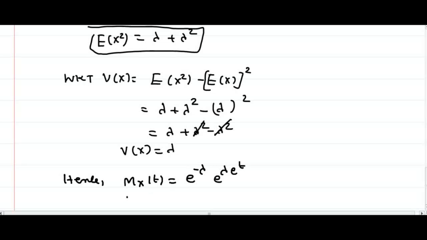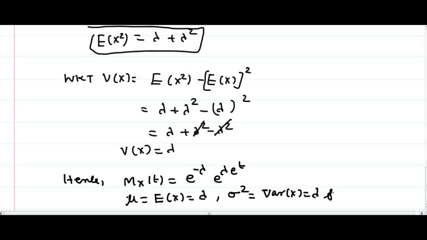Mu is nothing but the mean value, that is the expected value, equal to lambda. The variance, denoted by sigma square, is equal to variance of X, that is lambda. So here you see the mean value and variance value are both equal, the same lambda value.